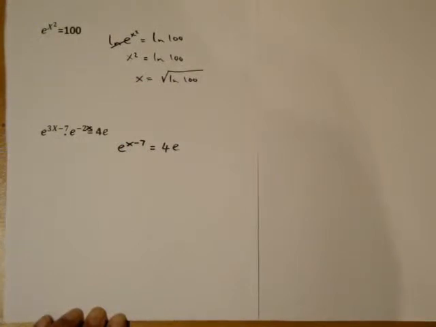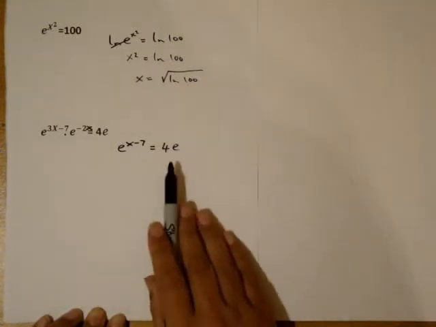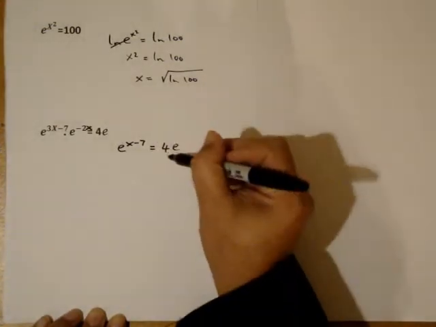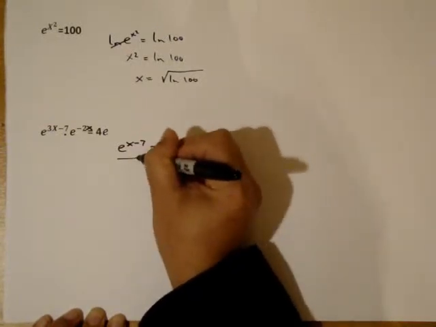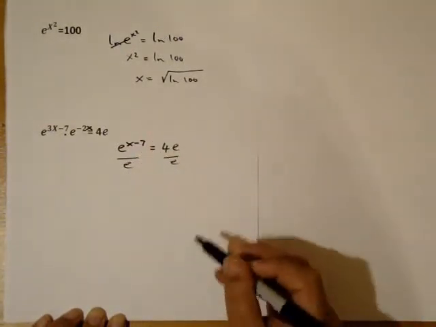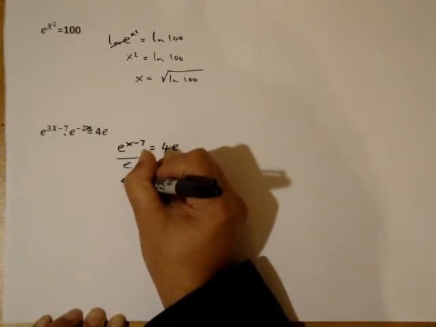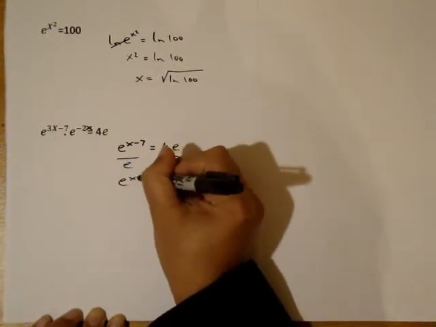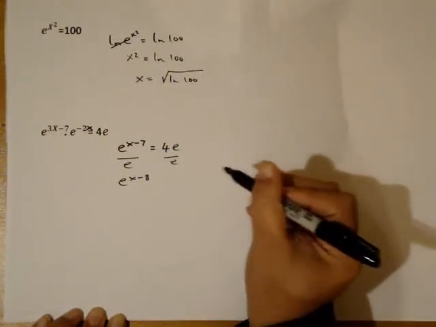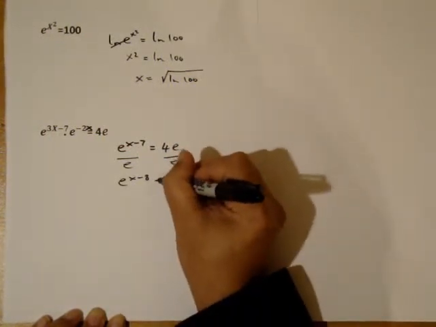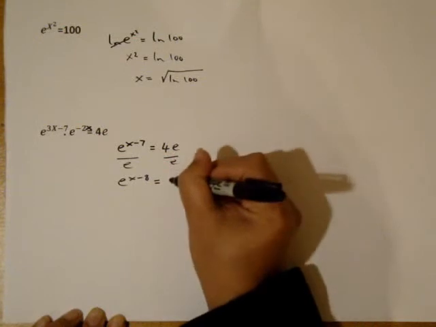Now if we want to get rid of the e on this side, we can divide through by e. This leaves us with e to the x minus 8 equals 4.